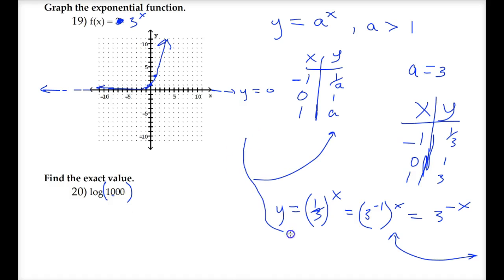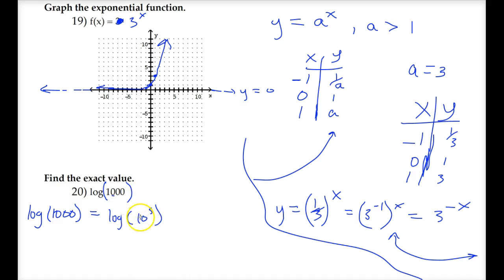All right, so let me section this off a bit here. We know that log of 1,000, which means log base 10 of 1,000, we know that 1,000 is 10 times 10 times 10, or 10 raised to the 3, okay?